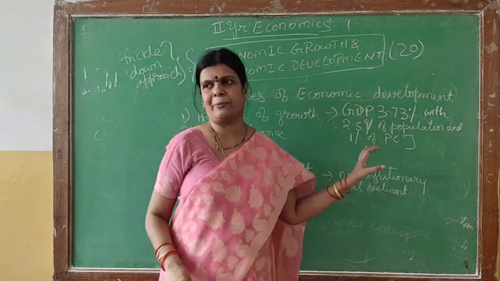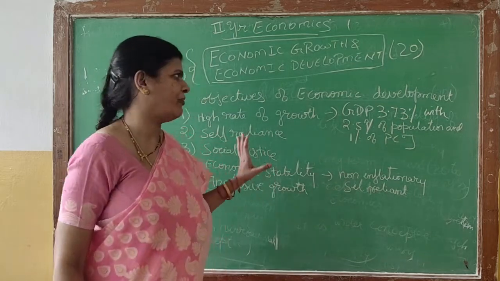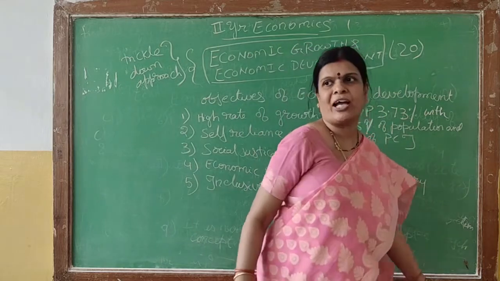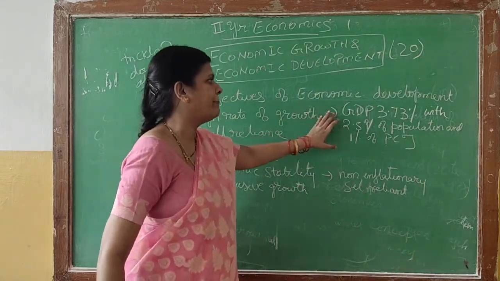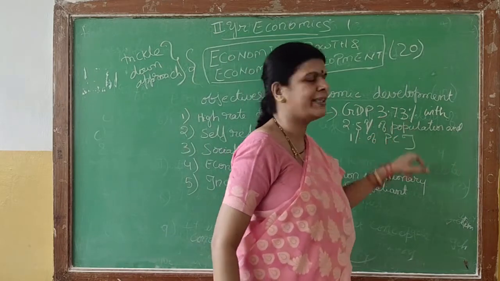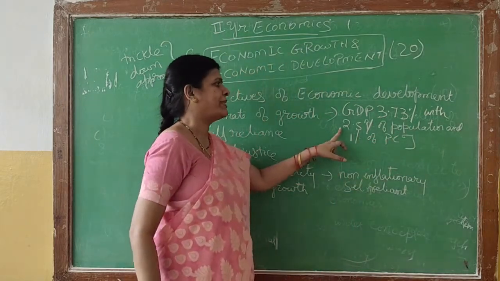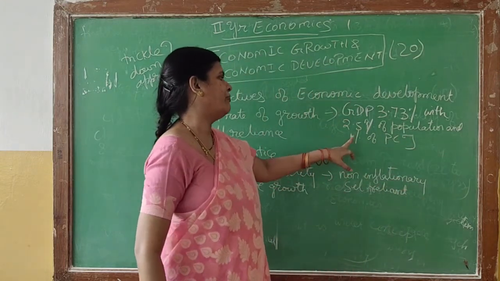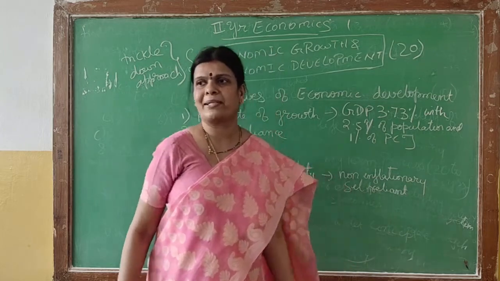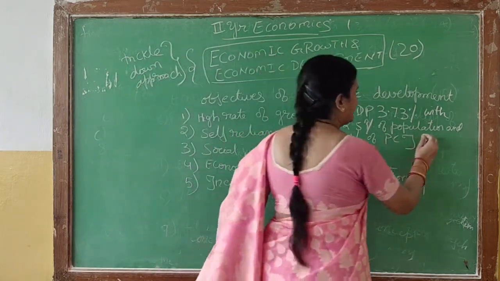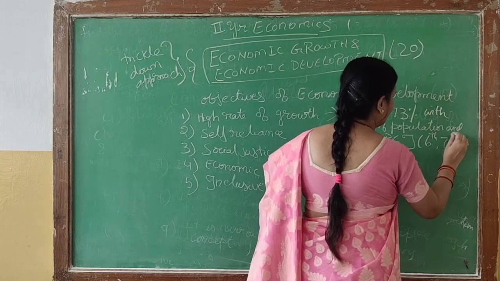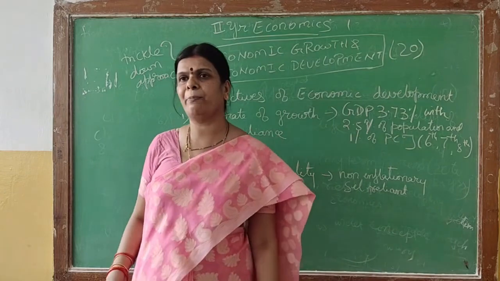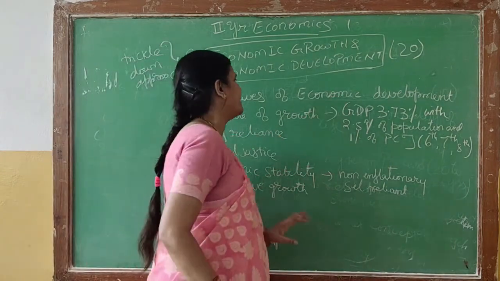So before the planning period, you know all about 5-year plans. We started after independence in 48. We started with 5-year plans. Before that, GDP was very low, only 3.73%. But the increase in population was 2.5 and 1% increase in per capita income. But the 6th, 7th, 8th 5-year plans gave more importance to this increase in growth.